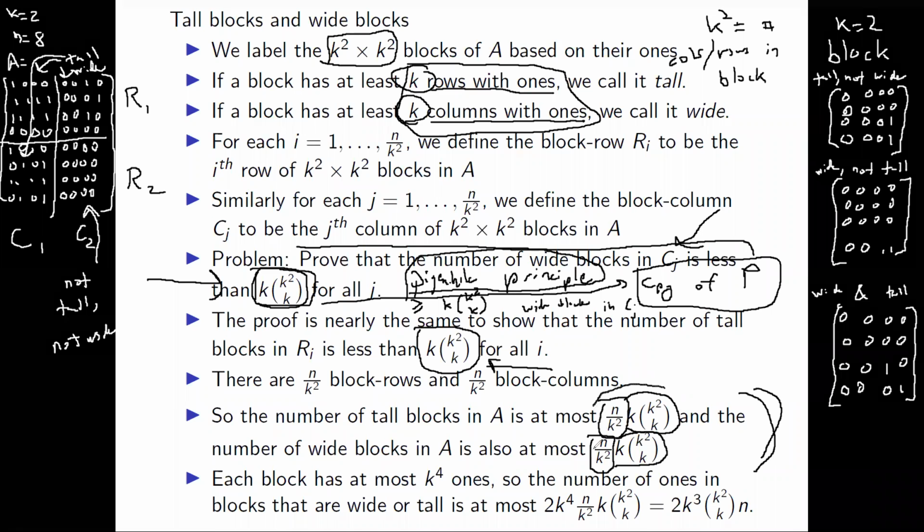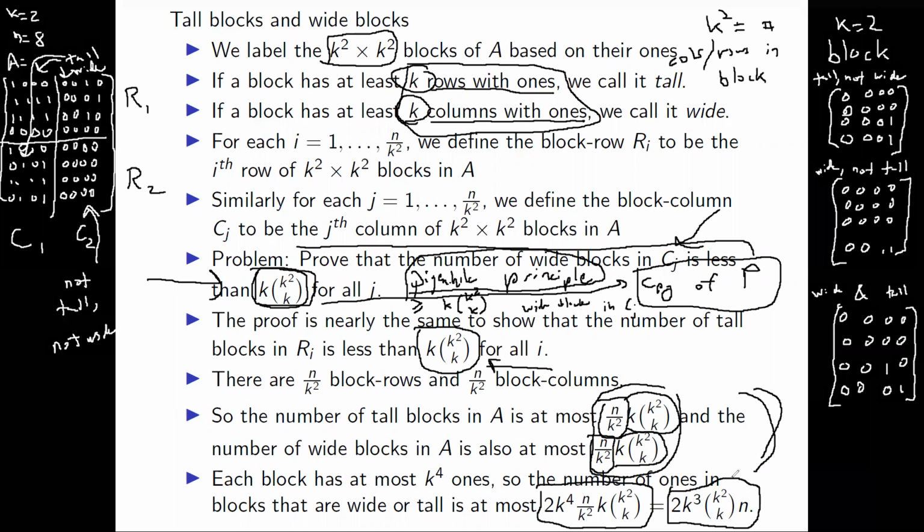So we add these two together, we get 2n over k squared times k squared choose k. Then we multiply them by k to the fourth, and that gives us this quantity right here. And we can simplify that to 2 times k cubed times k squared choose k times n.